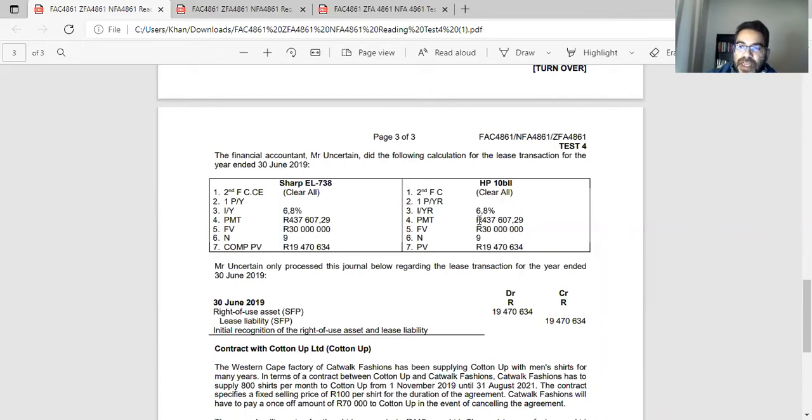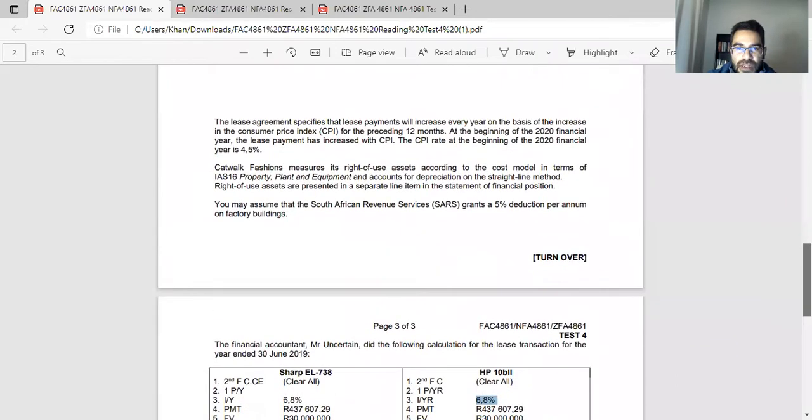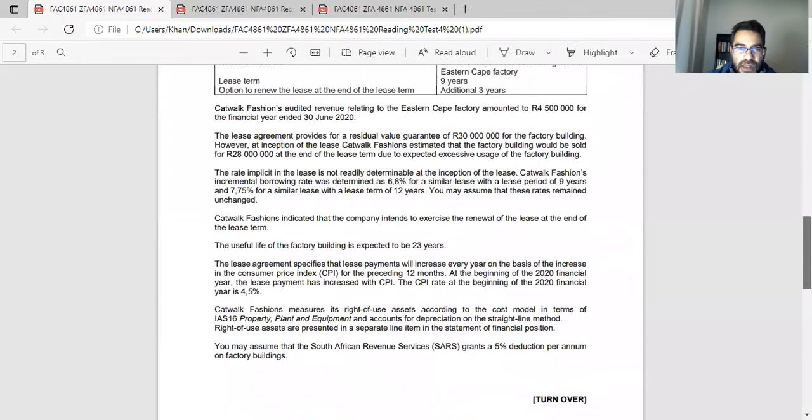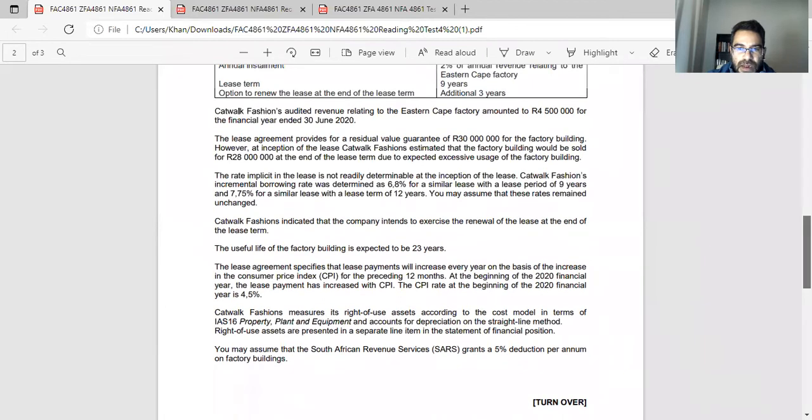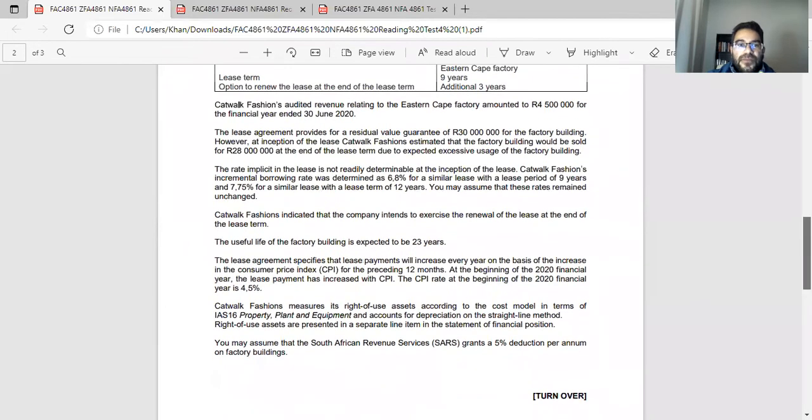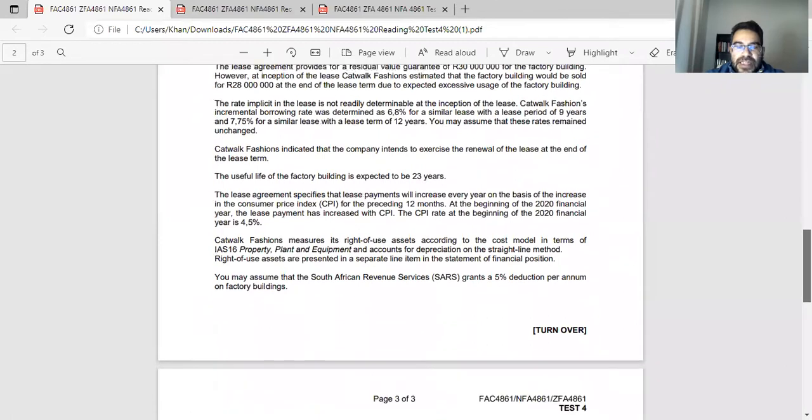Also, remember, this amount is a monthly amount, where this rate refers to an annual rate. Yeah, so the rate is an annual rate.